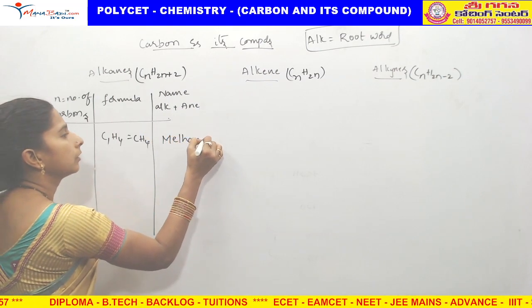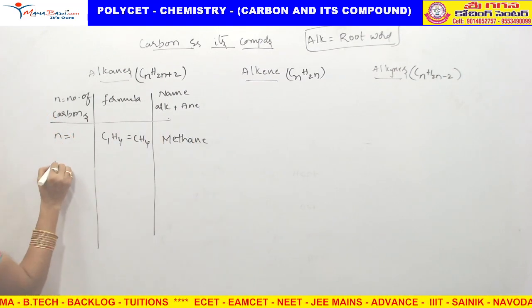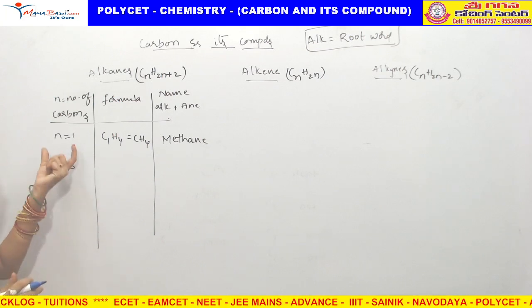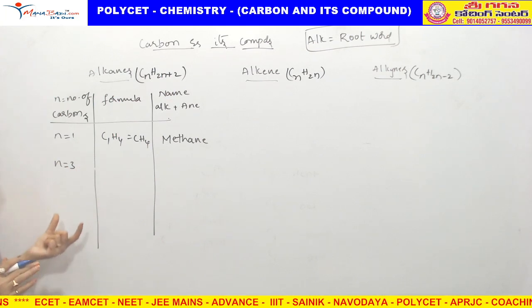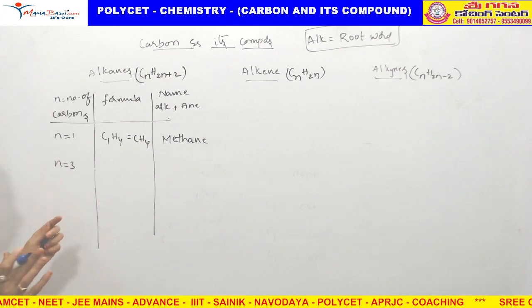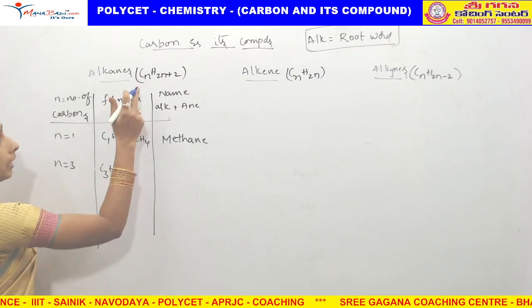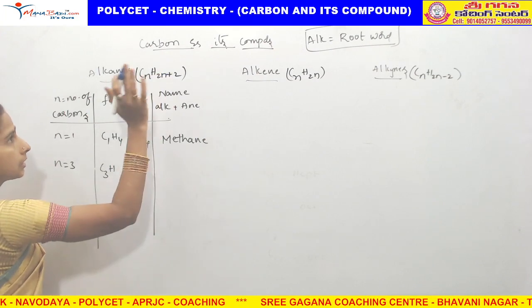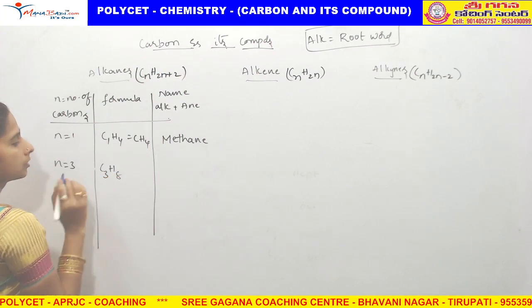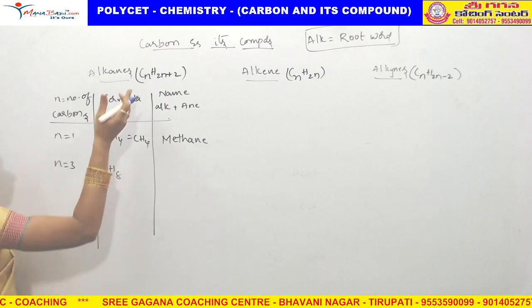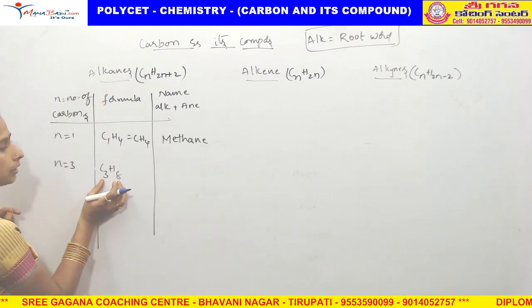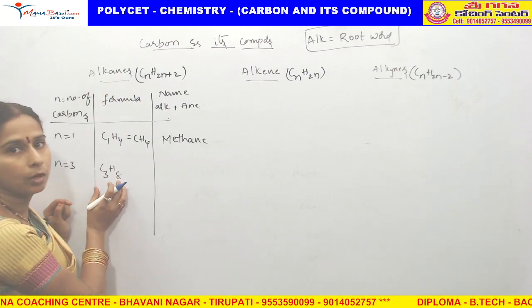Methane. For example, n is equal to 3. I am not writing up to 10, only the minimum. How can you understand? C3, H2 times 3 is 6 plus 2, H8. C3H8. You can substitute in that formula. 3 carbons means what do you call it? Prop.